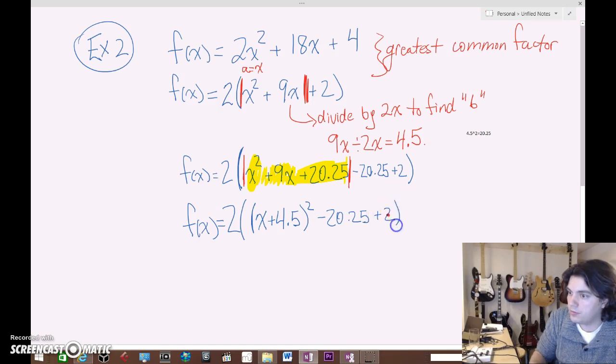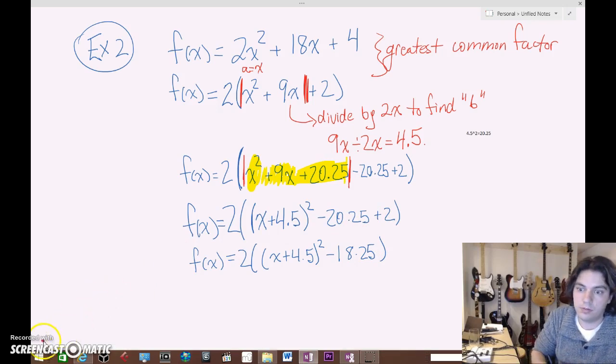plus 2. Now, that means that f of x equals 2 times x plus 4.5 squared, and this works out to minus 18.25. And then the last thing we have to do is distribute this 2 in. We're going to multiply it by the x plus 4.5 squared. And remember, we can't multiply it in because the order of operations says that we'd have to do the exponent first. It's just going to sit in front, but we're going to multiply it by that.